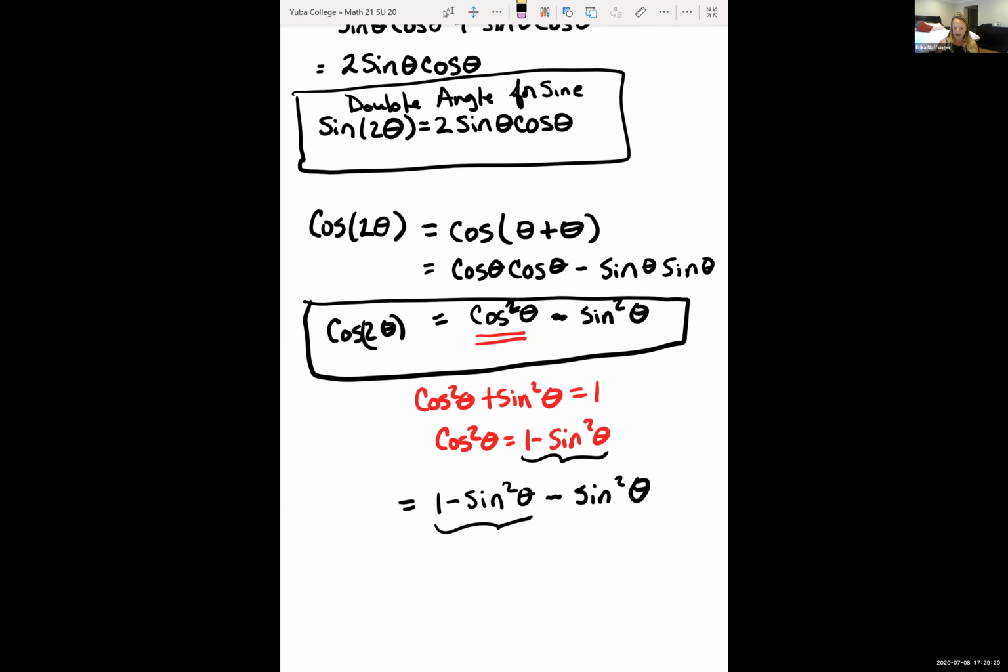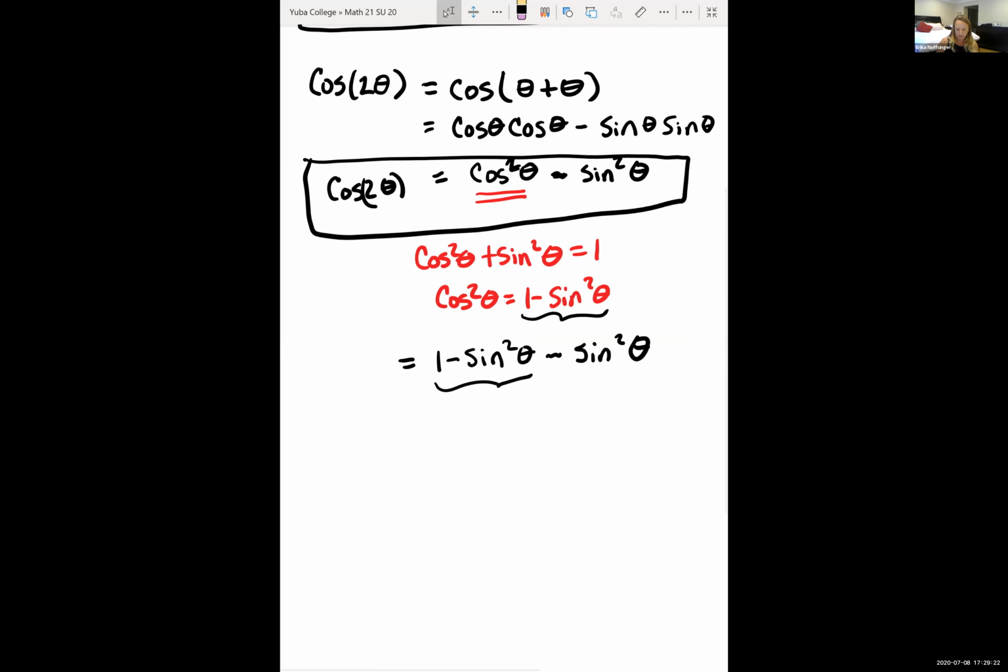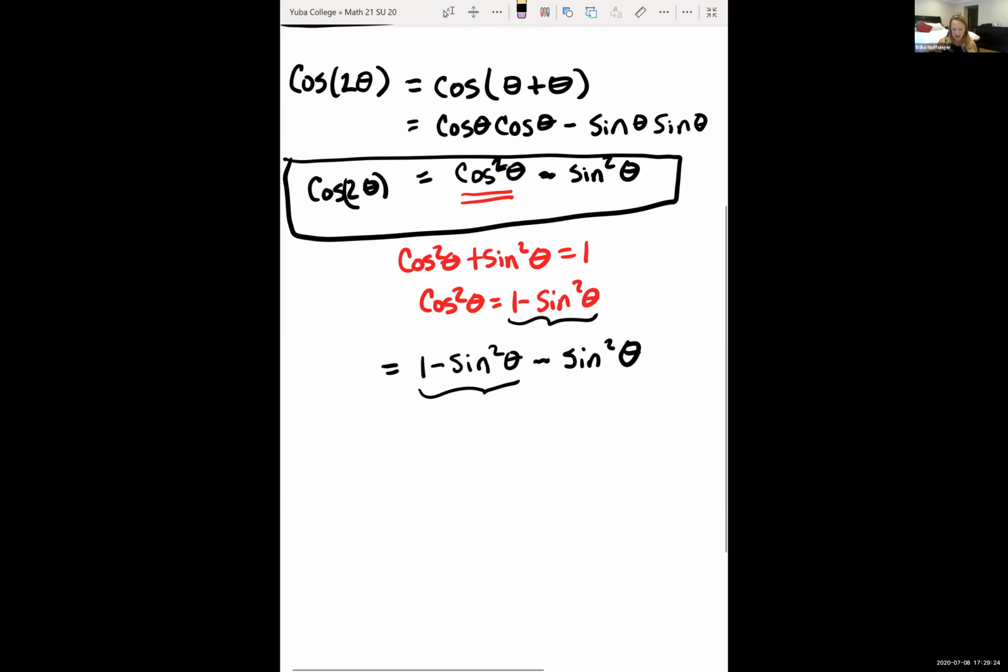So let's combine like terms. And so notice you have a negative sine squared theta minus a sine squared theta. So there's 1 minus 2 sine squared theta. And so there's another one of our equations.